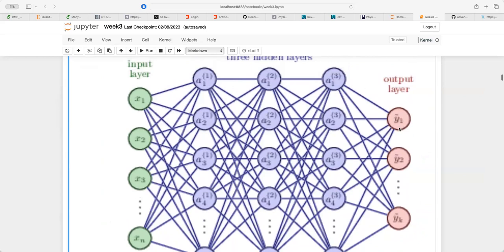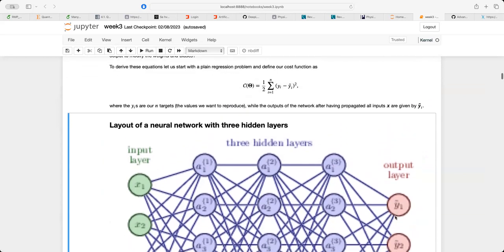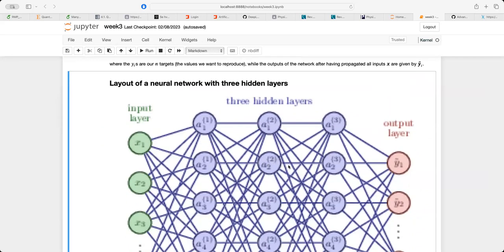This produces this y tilde, which we saw here. And this y tilde depends on all the inputs which are fed through the network. And everything here has a set of parameters. So that means that we need to set up the derivatives and the gradients for all these parameters, and then use some gradient descent method to train the parameters.